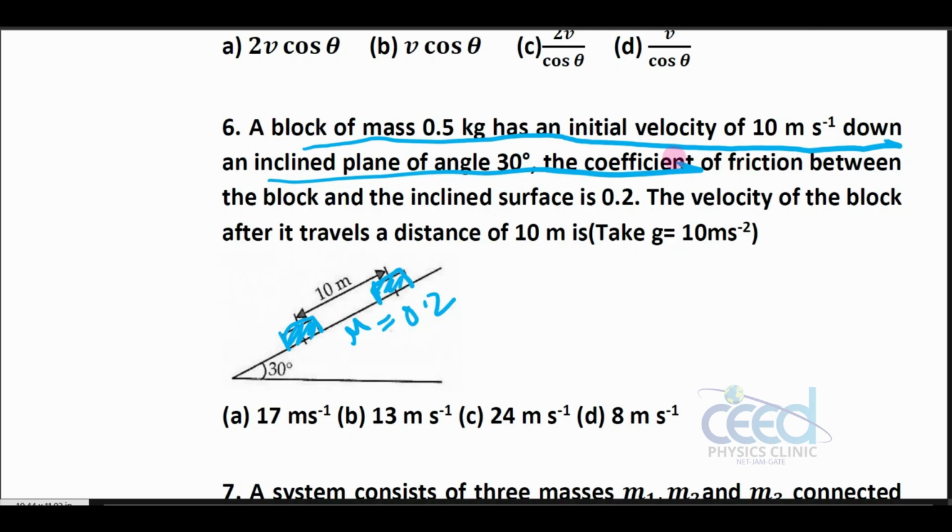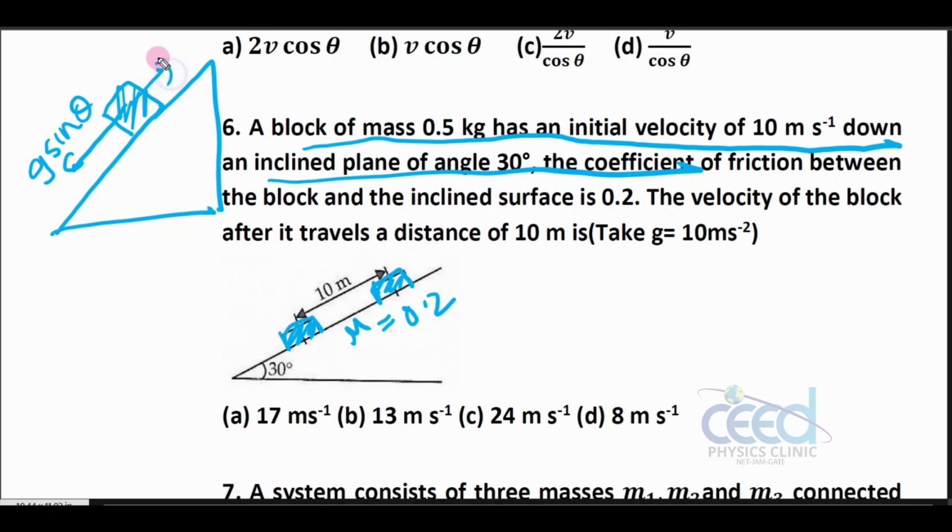Now see, always you have to think about which parameters we need. In a rough plane, if a body comes down, g sin theta is the downward acceleration, and mu g cos theta is the frictional acceleration.